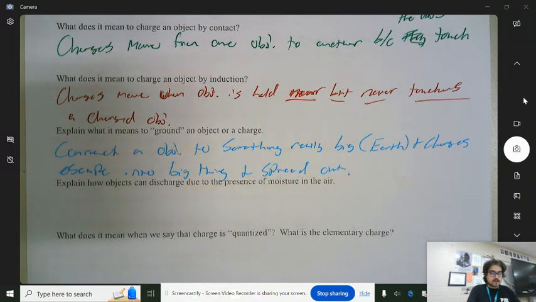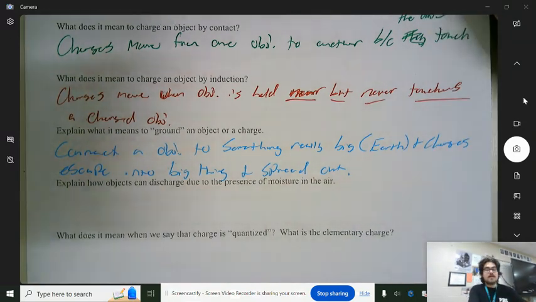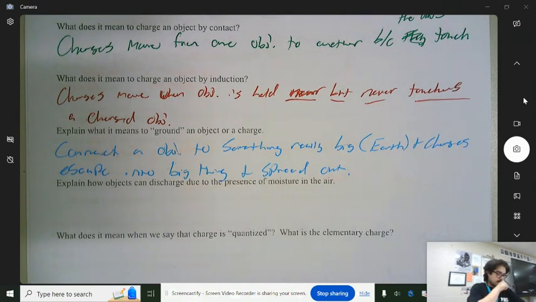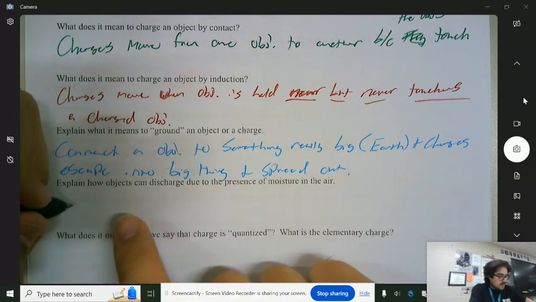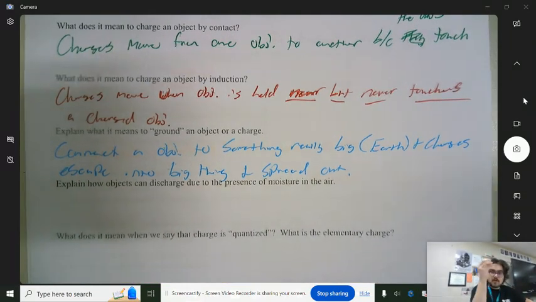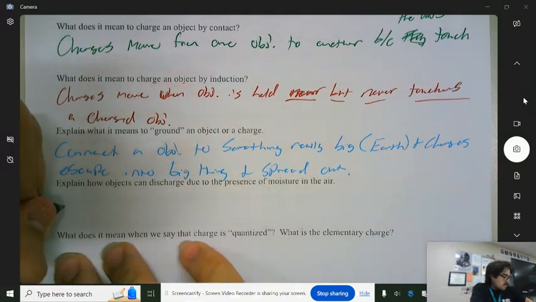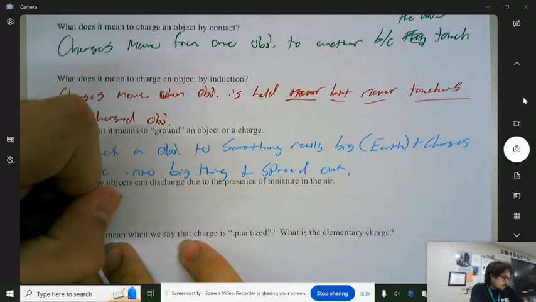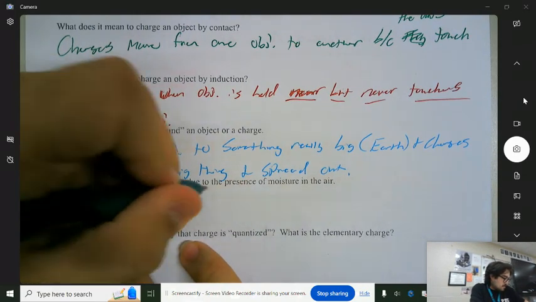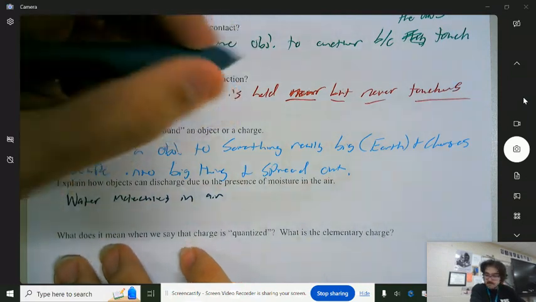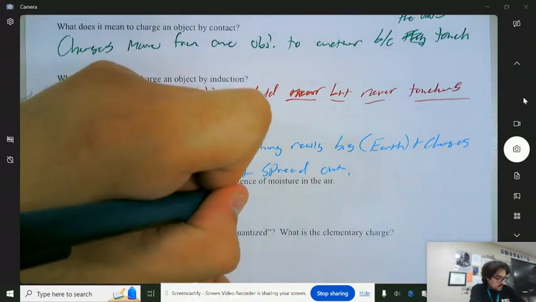Objects can discharge, right? If it's humid, you may notice it's actually harder to do electrostatics demos. Okay. And the reason is that there are water molecules in the air, especially when it's humid, right? The water molecules in air randomly bounce off of the object.